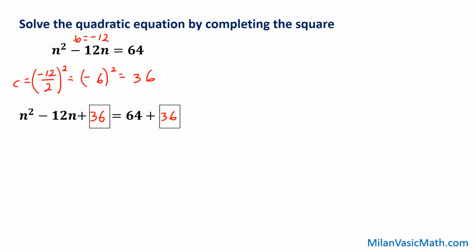So the left side here, I have n minus 6 and n minus 6, which can be written as n minus 6 squared, and that equals 100.